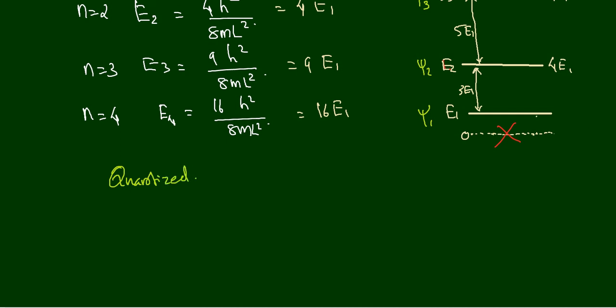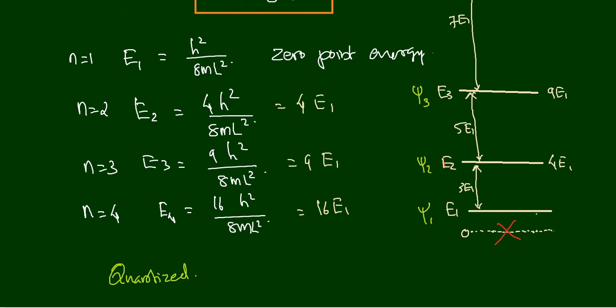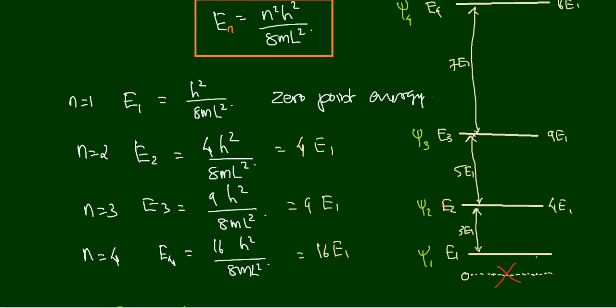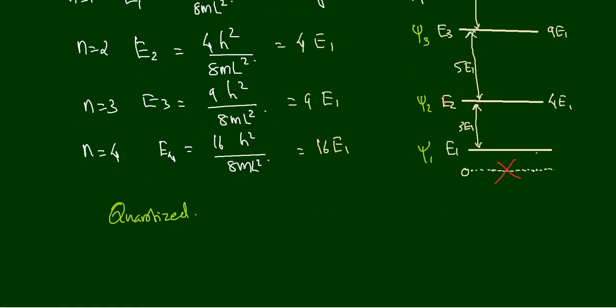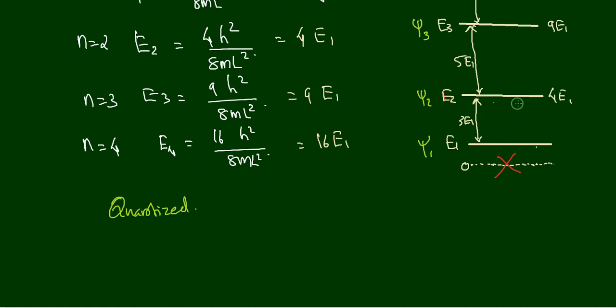Okay, energy is quantized. Okay, so this is a quantized system, and this is a universal conclusion. Whenever a particle is confined to move within a limited space, its energy will be quantized. It means that it cannot occupy any energy value of its choice.